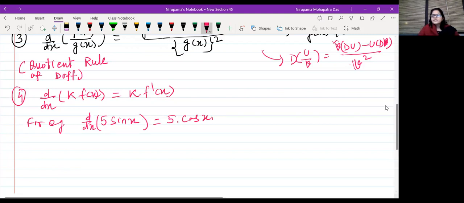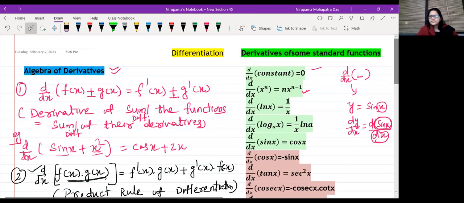Before we apply the formula, let's have a look at all these standard forms. The derivative of any constant is equal to 0. As we know, if it is constant, the change will not happen. A derivative basically means rate of change of quantities, so since it is constant, there won't be any change.